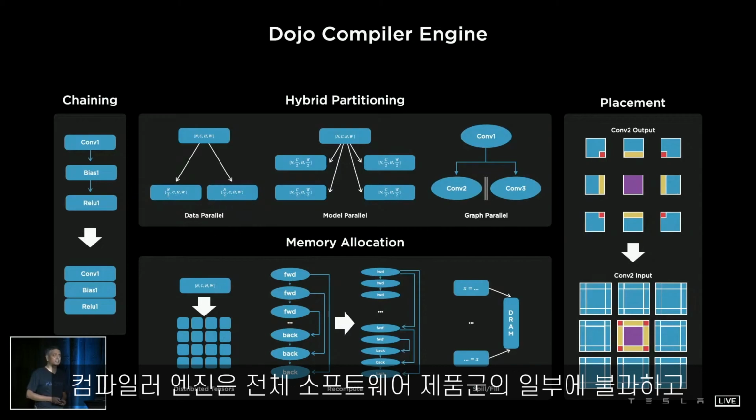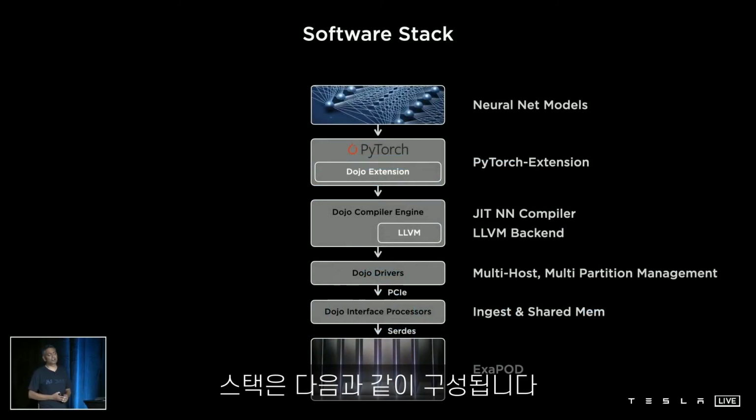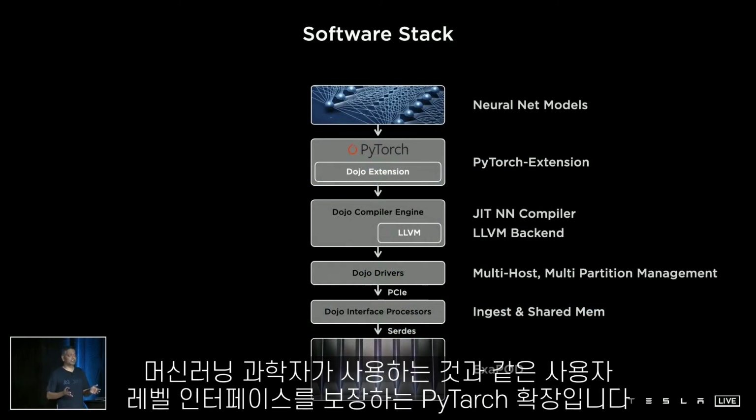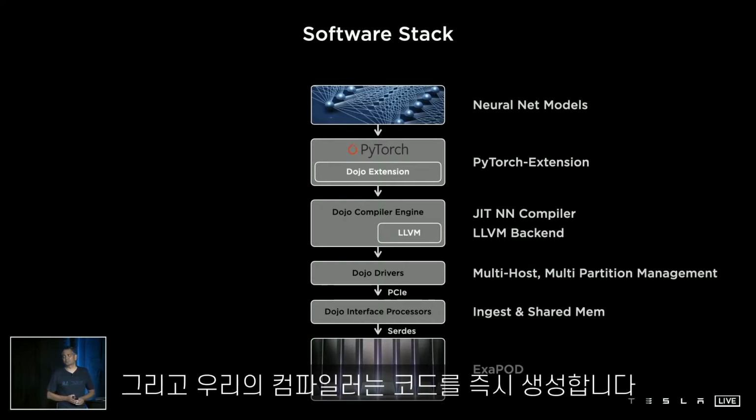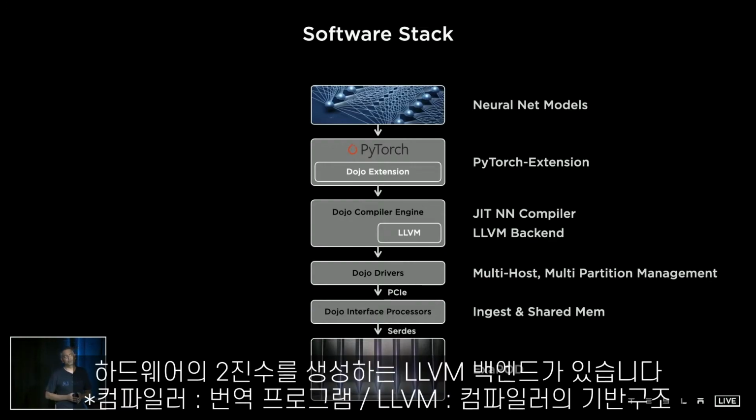And our compiler engine is just part of our entire software suite. The stack consists of an extension to PyTorch that ensures the same user-level interfaces that ML scientists are used to. And our compiler generates code on the fly such that it could be reused for subsequent execution. It has a LLVM backend that generates the binary for the hardware.